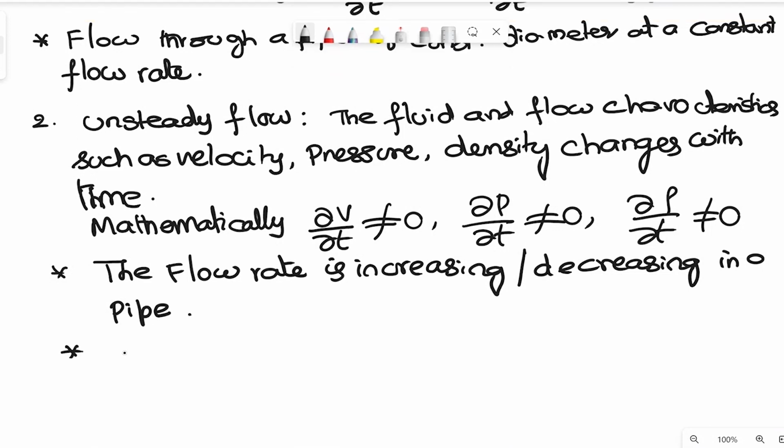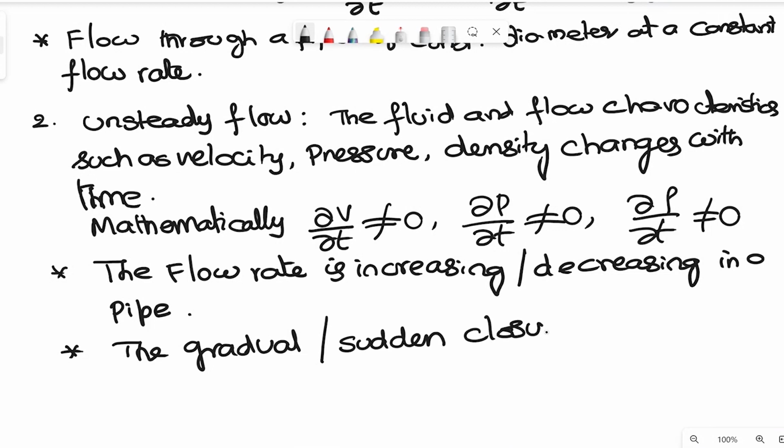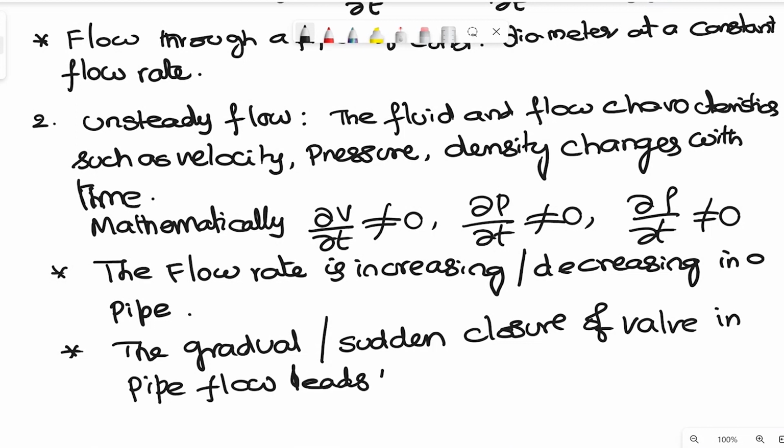Further, the gradual or sudden closure of a valve in pipe flow leads to unsteady flow.